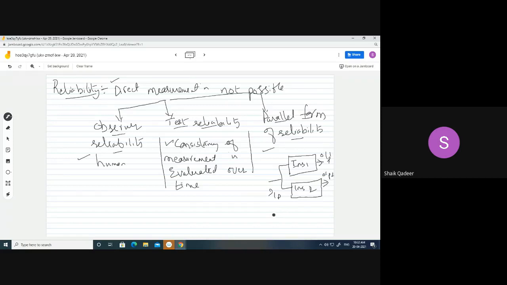Depending upon how much the output differs, the reliability varies. Output 1 is compared with output 2, and reliability is decided. Hope it is clear to everybody.